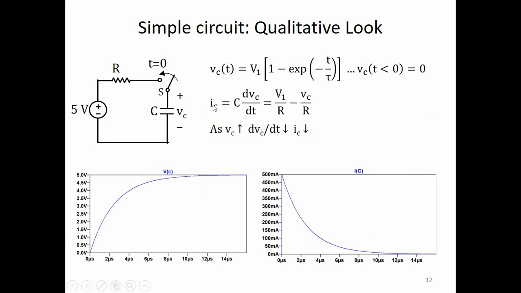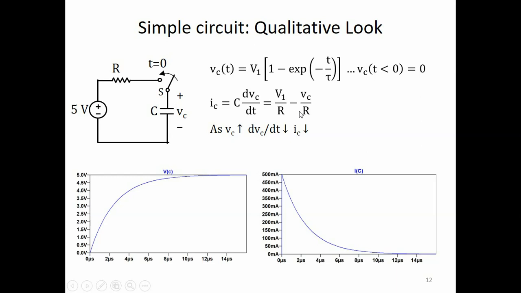The capacitor current is the same as the resistor current flowing clockwise, and the resistor current is V1, which is 5 volts, minus Vc, divided by R. So it's (V1 minus Vc) by R. So we get C dVc/dt equal to (V1 minus Vc) by R.